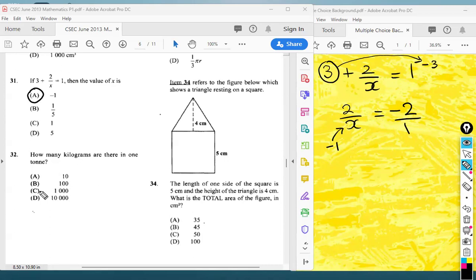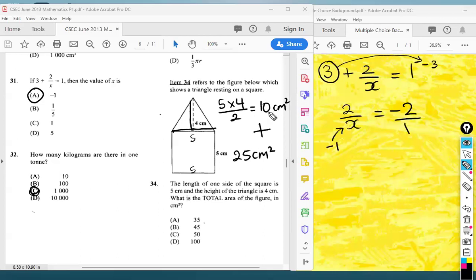Number 32, you have 1,000 kilograms in a ton. In number 34, they said this was a square. So if this is 5, then here's 5, and then here's 5. The area of a square is side by side. So 5 by 5 is 25 cm squared. And the area of the triangle is base by height divided by 2, and you're going to get 10.